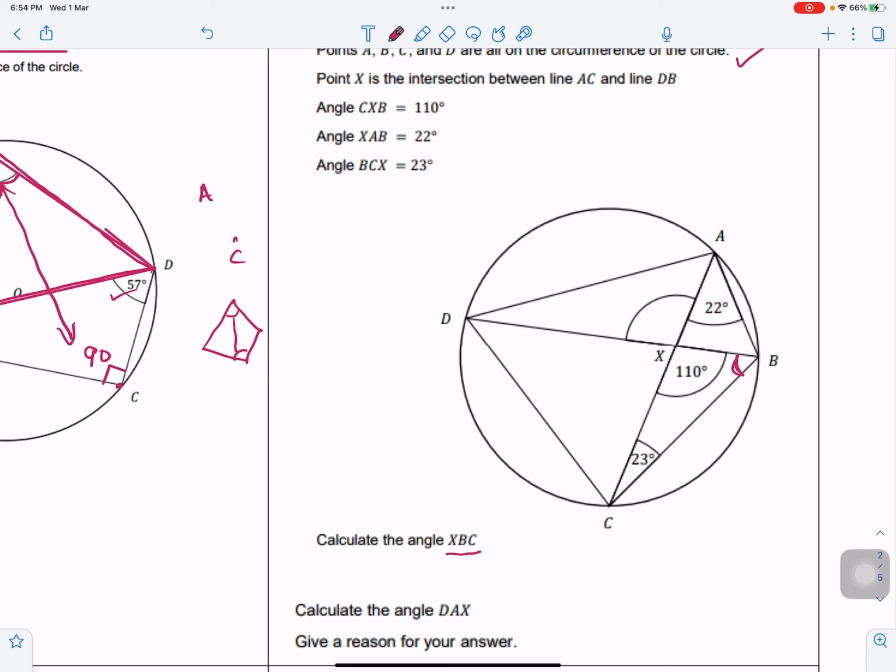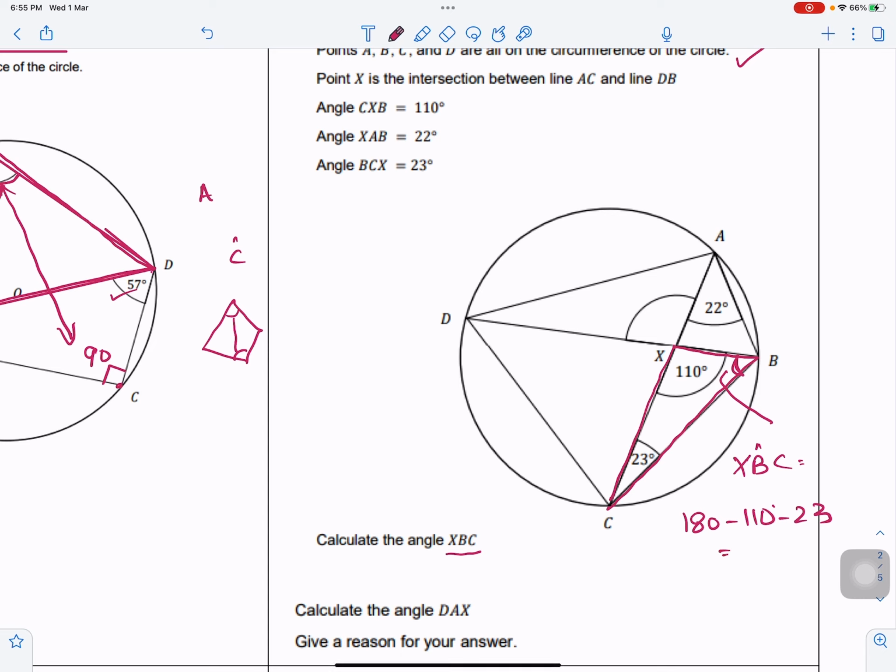If you see here, X, B and C make a triangle, and the sum of the angles of a triangle is 180. So to find this angle, which is XBC, I will simply do 180 minus 110 minus 23.